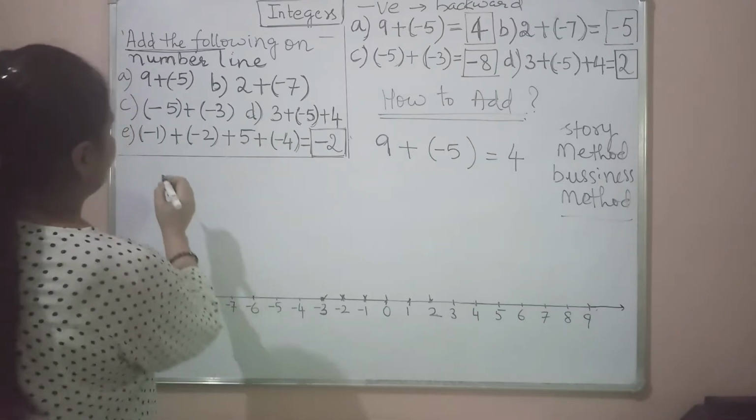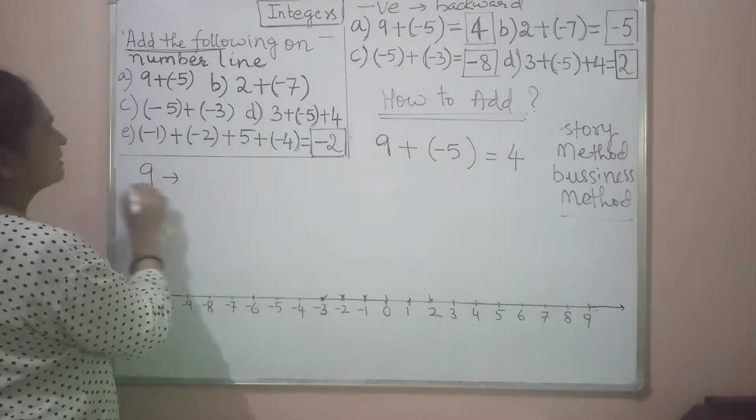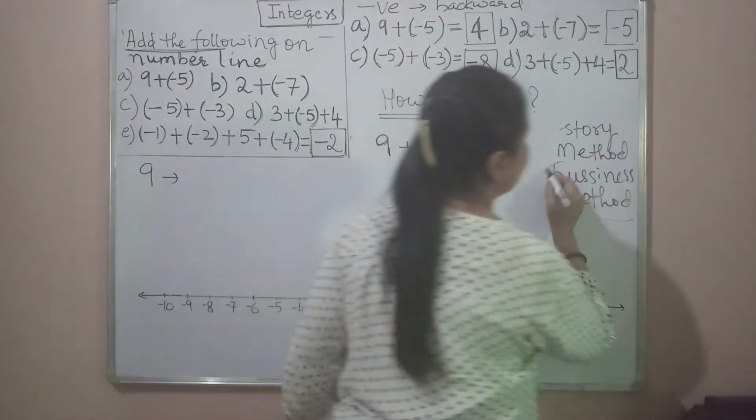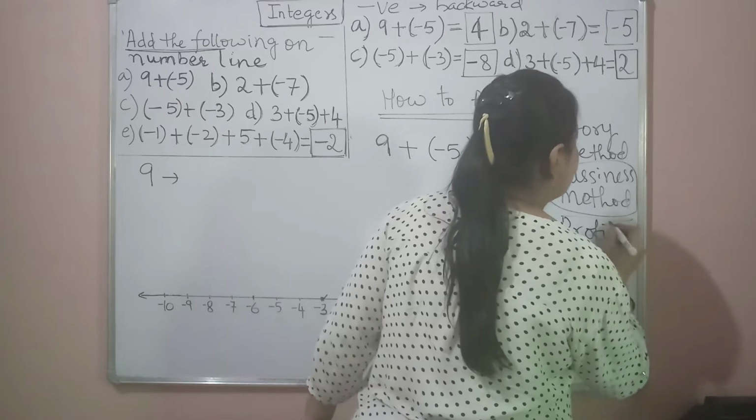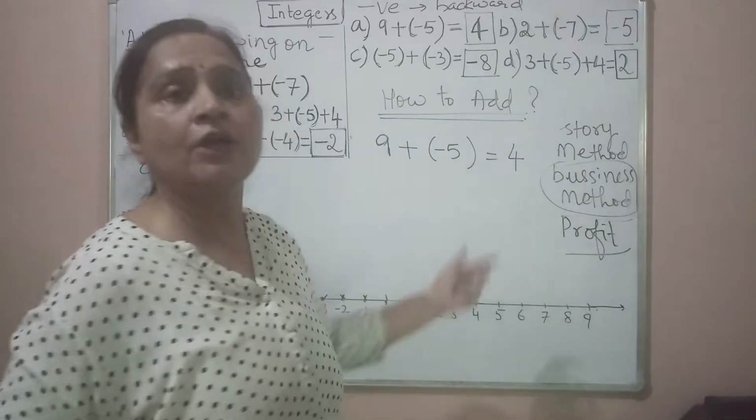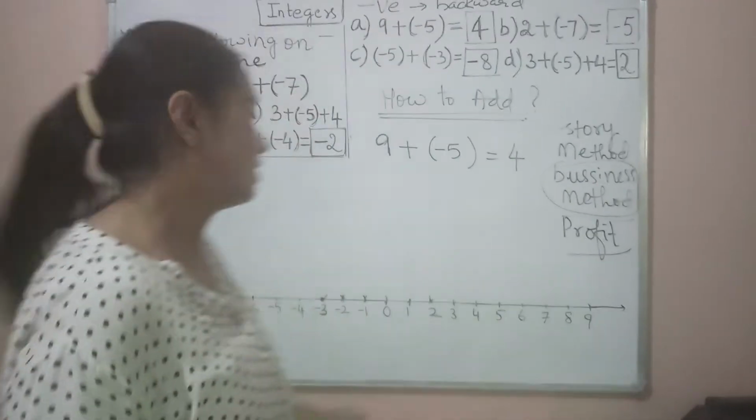In my last video I taught you 9. Suppose I talk in terms of business, or in terms of profit. When we do a business, we are always interested in how much profit we made, okay?